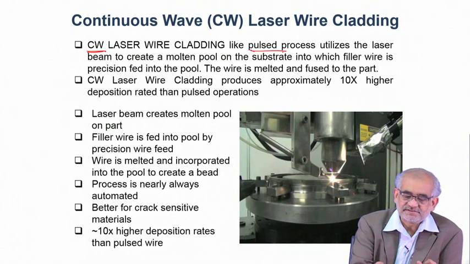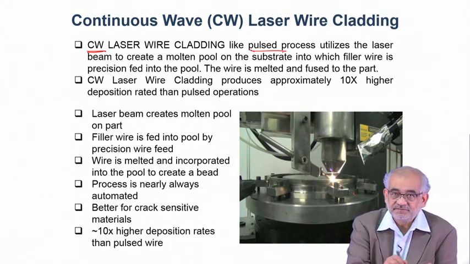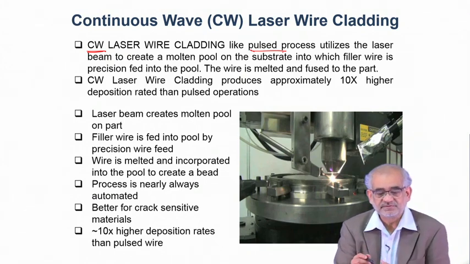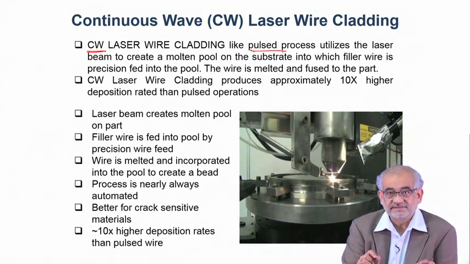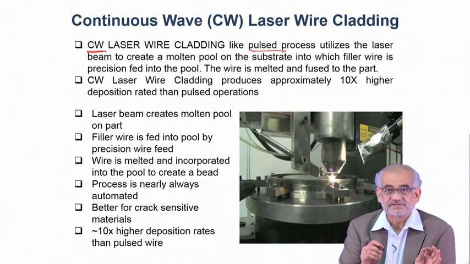So what we want is a continuous wave laser where a certain level of power density is applied onto the surface and the beam either moves or the substrate moves away from the beam, and in the process there will be a relative motion between the two. The application of energy through this kind of laser is very precise.